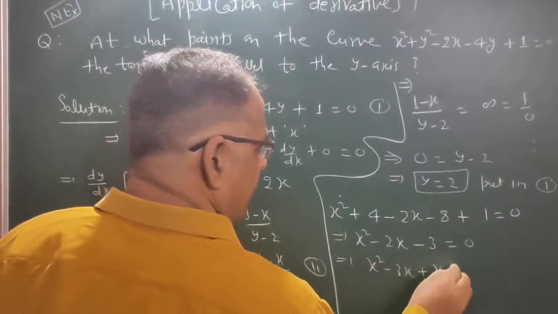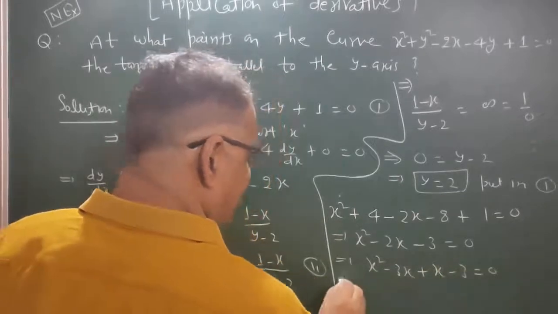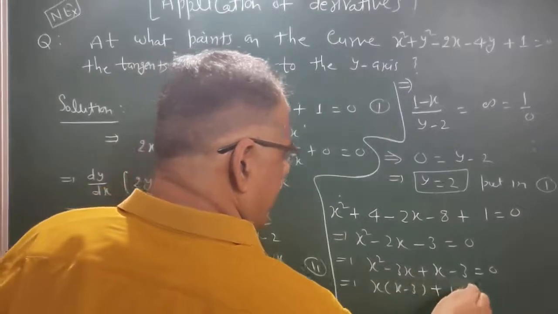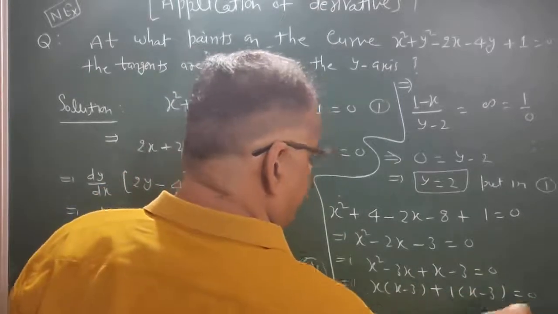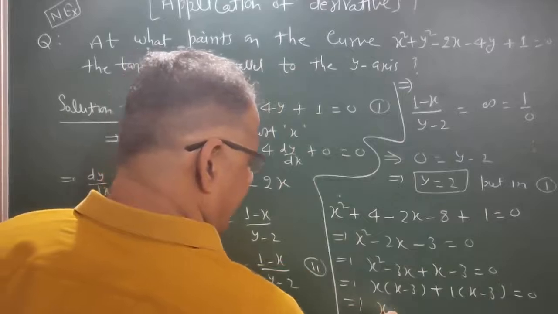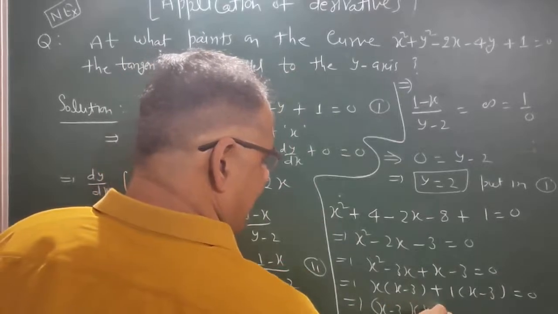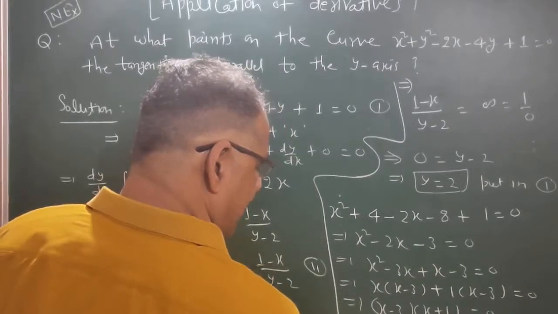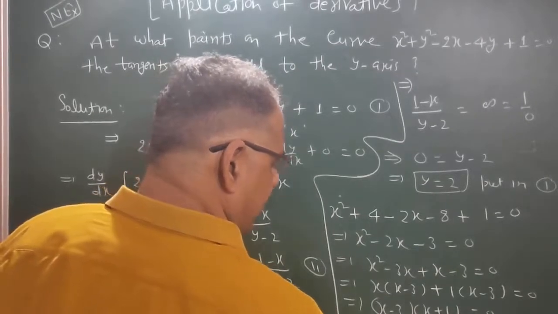Split the middle term now for factorization. So now x(x - 3) + 1(x - 3) = 0. Now we have (x - 3)(x + 1) = 0. There are two values of x: x equal to 3, x equal to -1.